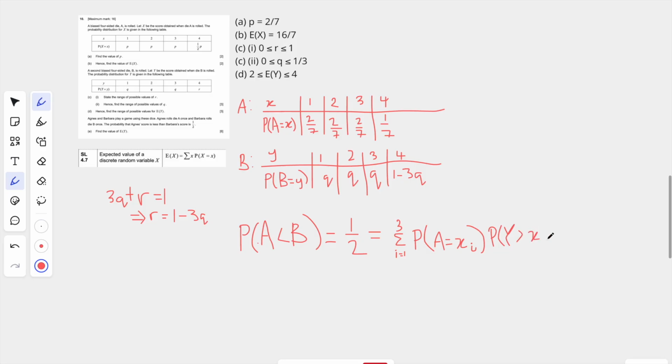Note we only sum up to 3 because if Agnes rolls a 4, then it is impossible for Barbara to roll a higher number, and since we are only interested in the cases in which Agnes's score is less than Barbara's, we do not include the scenario in which Agnes rolls a 4.